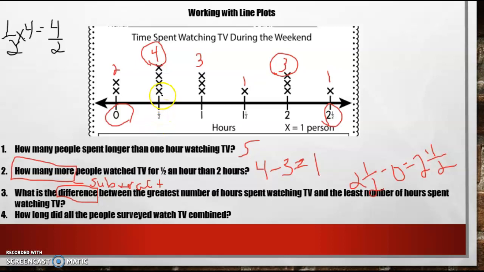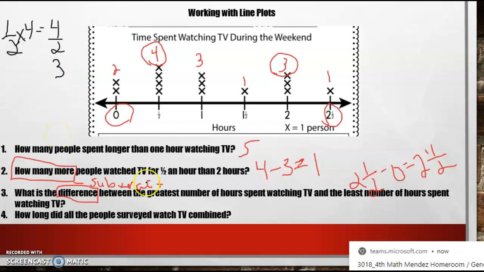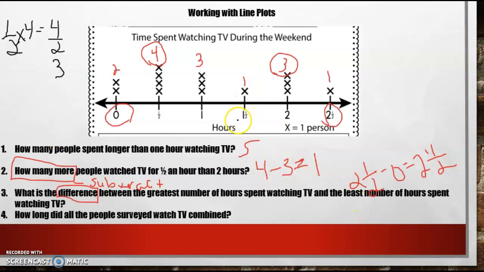Okay, so that takes care of the halves. What we're going to do here is add up each amount, and then go back and add all of those together. So how many people spent 1 hour? 1, 2, 3. That's 1 plus 1 plus 1. 1 plus 1 plus 1 is 3. How many people spent 1.5 hours? 1.